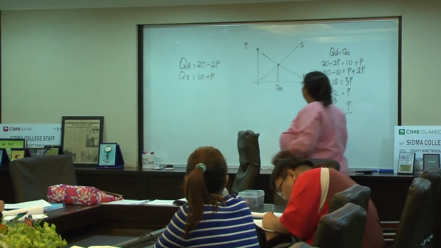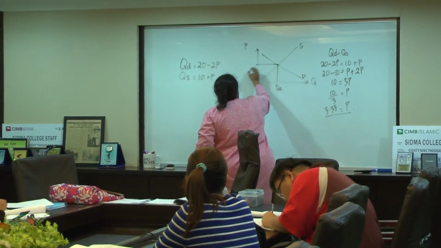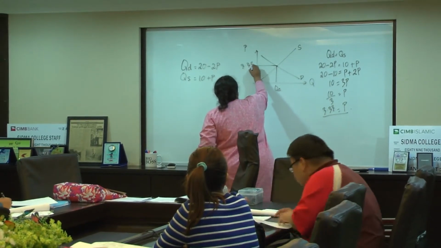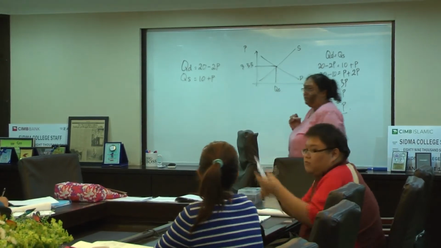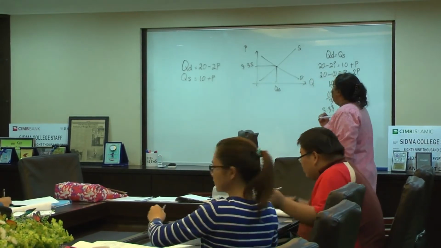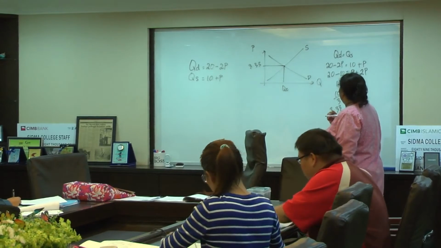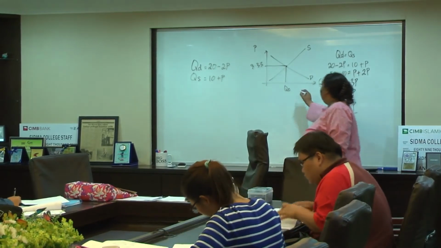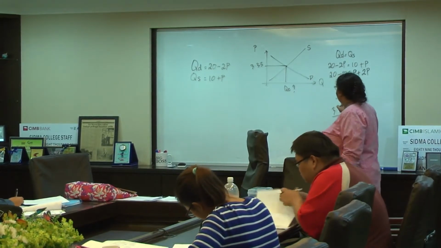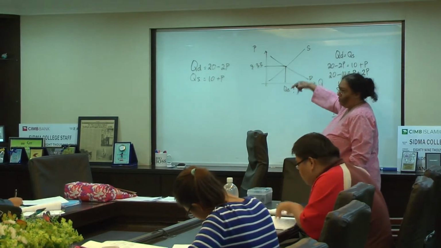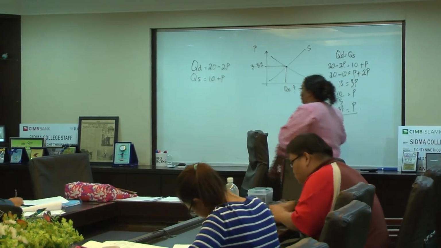So what is the equilibrium price? It is 3.33. 3 ringgit and 33 cents. Okay? Now, what about quantity? We need to know the equilibrium quantity. You just replace this price in either equation, and you'll get the same answer. So say I take supply.